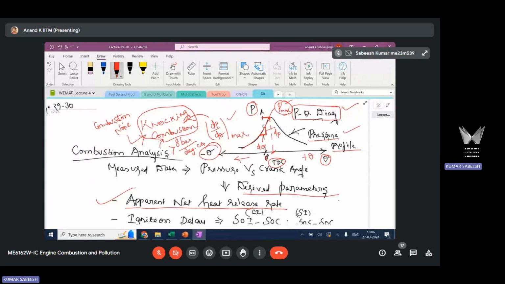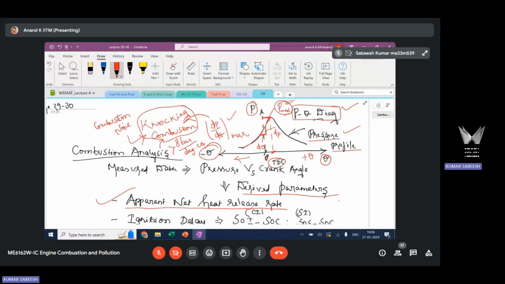This is important because this is what translates into expansion work. So we want to achieve as high a maximum pressure as possible so that we can get the maximum work from the engine. Only during expansion stroke is positive work produced, and the magnitude of work depends on the value of Pmax. So we intend to have a higher value of Pmax so as to get the maximum work.